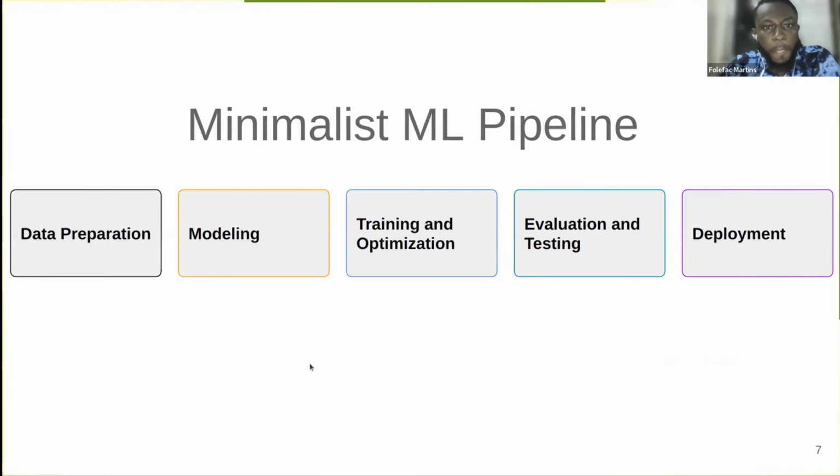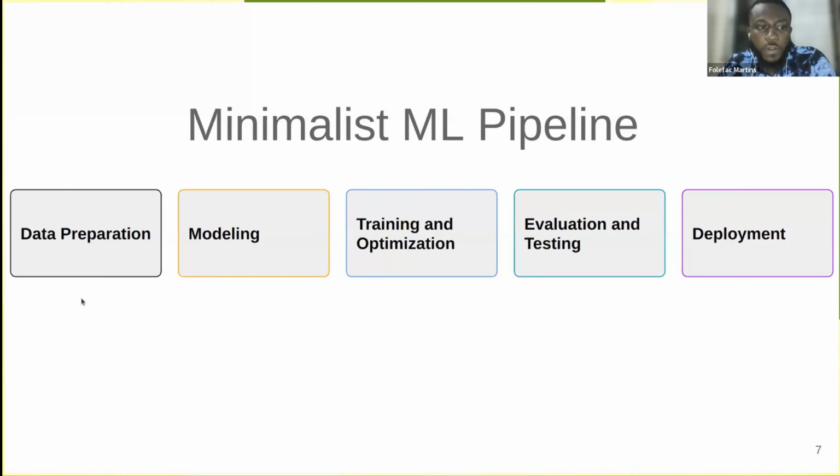Before we start, I want to expose this minimalist ML pipeline. Because deep learning is part of machine learning, ML here stands for machine learning, we want you to understand from the start that there is this pipeline which you generally want to follow when solving a problem using deep learning or machine learning in general.